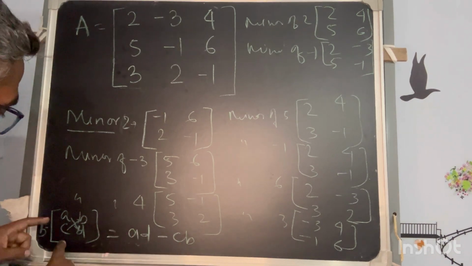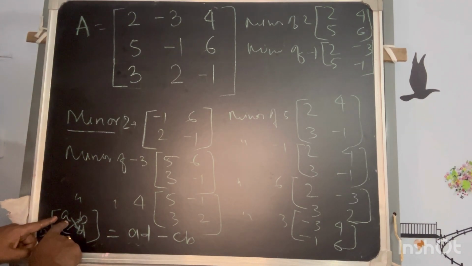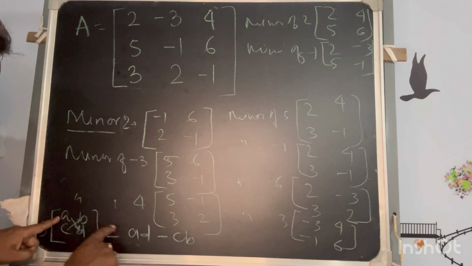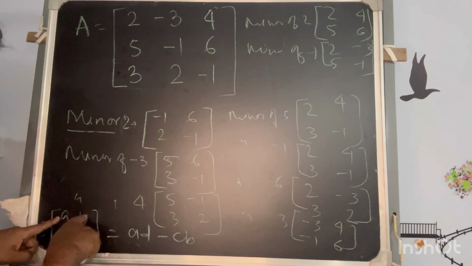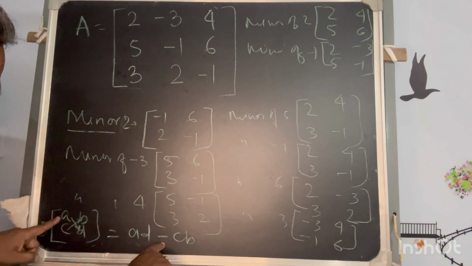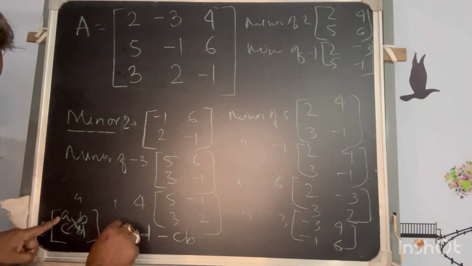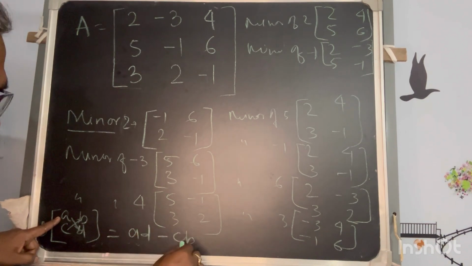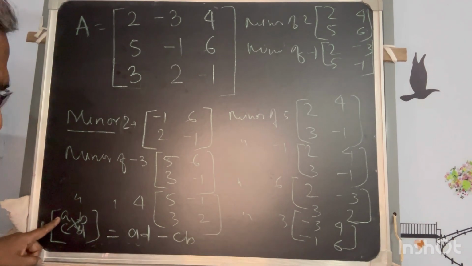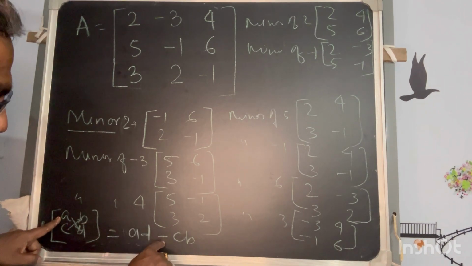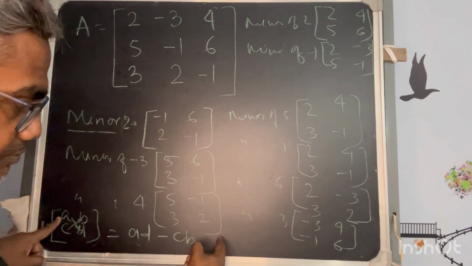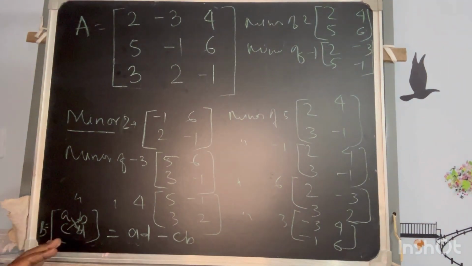The calculation is done by cross multiplying, and the sign will start from plus and then alternate: plus, minus, plus, minus. This way it will go if it is bigger.